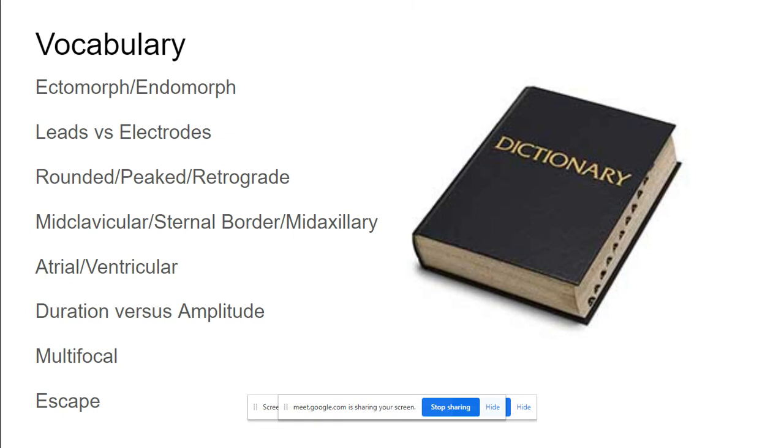Ectomorph is that smaller, thin, less shapely type of body frame, and the endomorph is a fuller figured, curvier body with more adipose tissue, especially on the chest or abdomen. And a monomorph just means an athletic build, neither ecto nor endomorph. So there are some differences with lead placement, and that's all you really need to know with that.